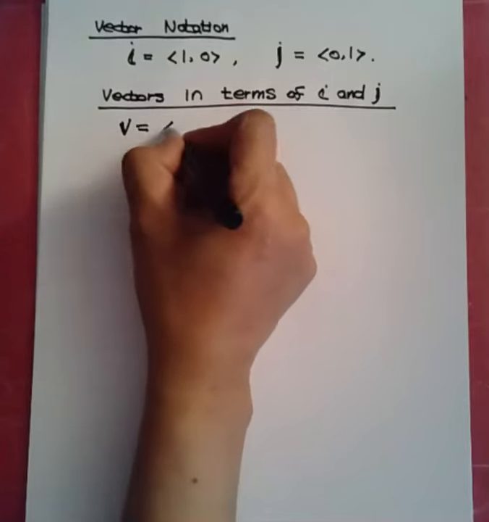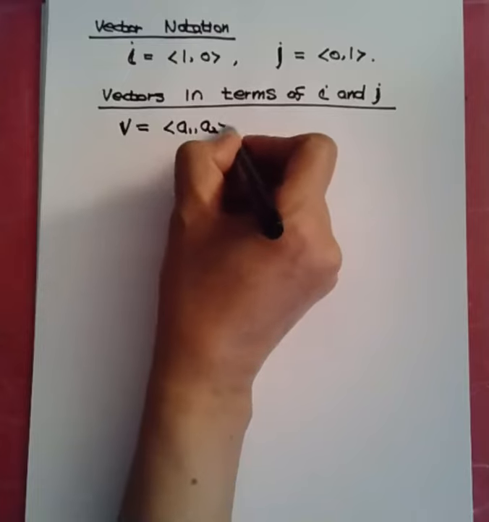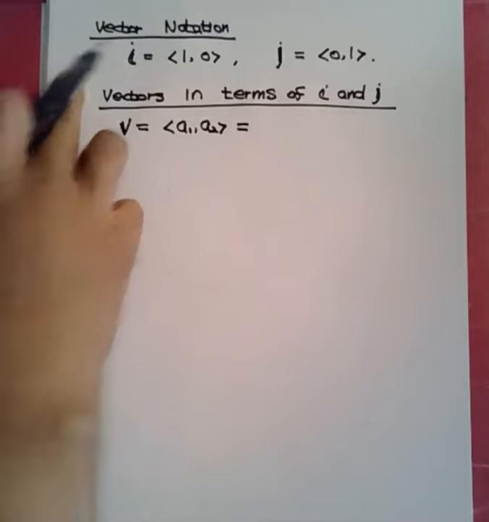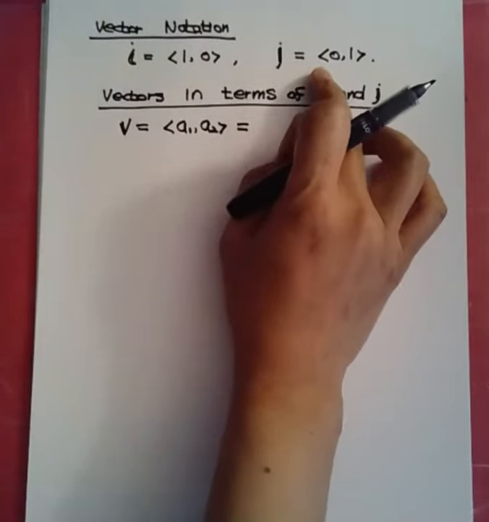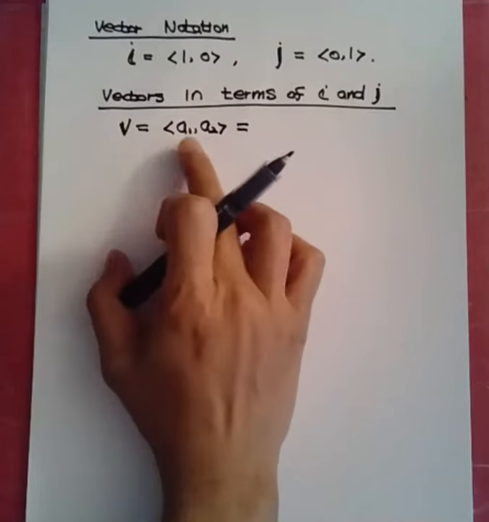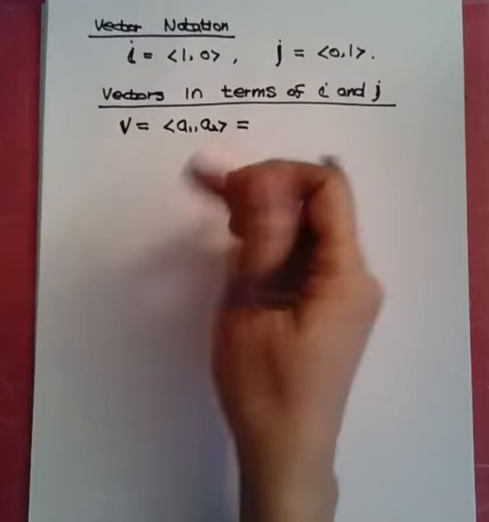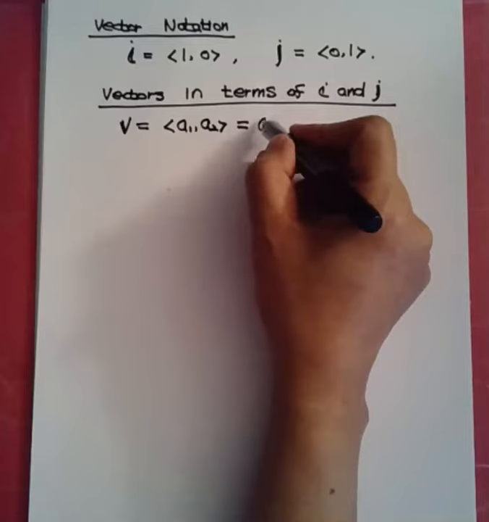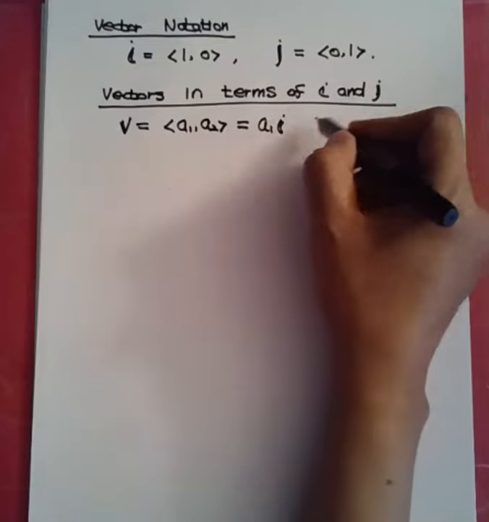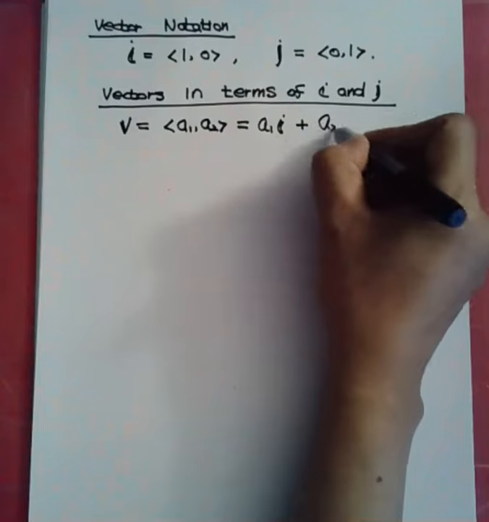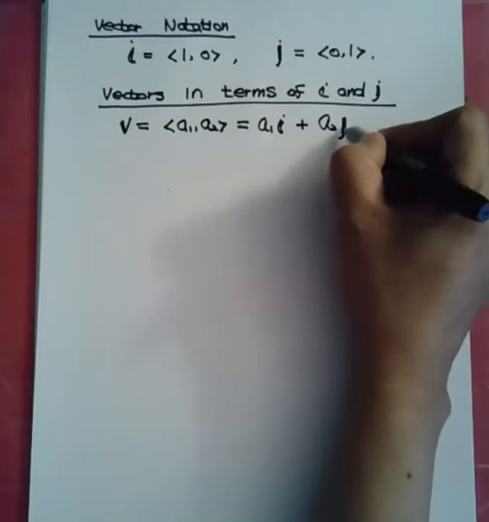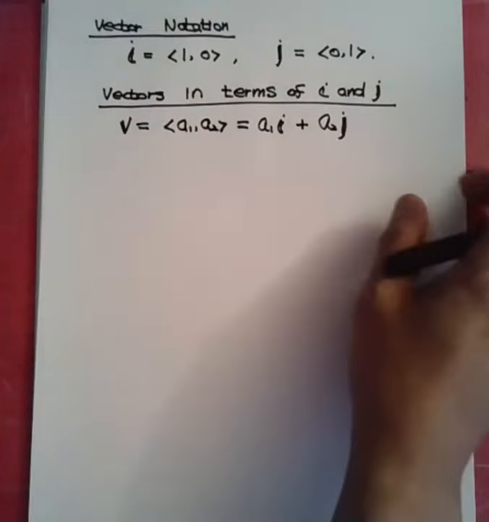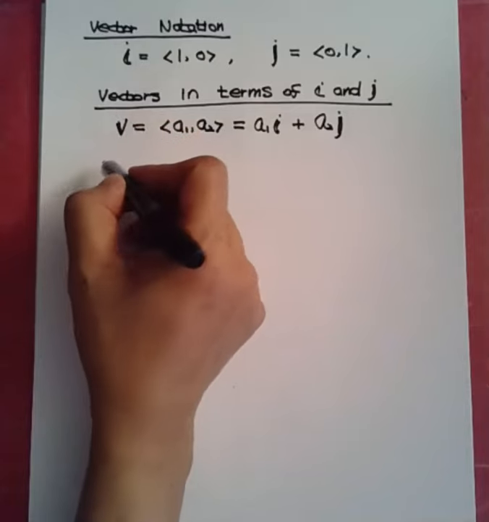We have a vector a1 and a2. We can use those horizontal unit vector and vertical unit vector. This is a horizontal component and this is a vertical component. So we can regard that as a scalar a1 times horizontal component i plus scalar a2 times vertical component j. That is another way to denote the vector.